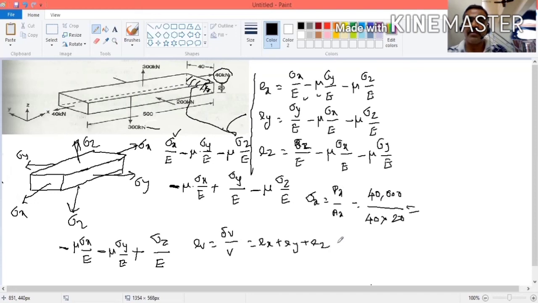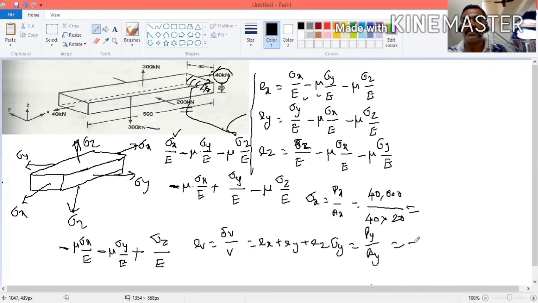What is sigma y? Sigma y is equal to Py divided by Ay. What is Py? This is 200 kilonewton. This load is tensile load, but this is compressive. We derived assuming that all are tensile, but in the problem it is compressive.